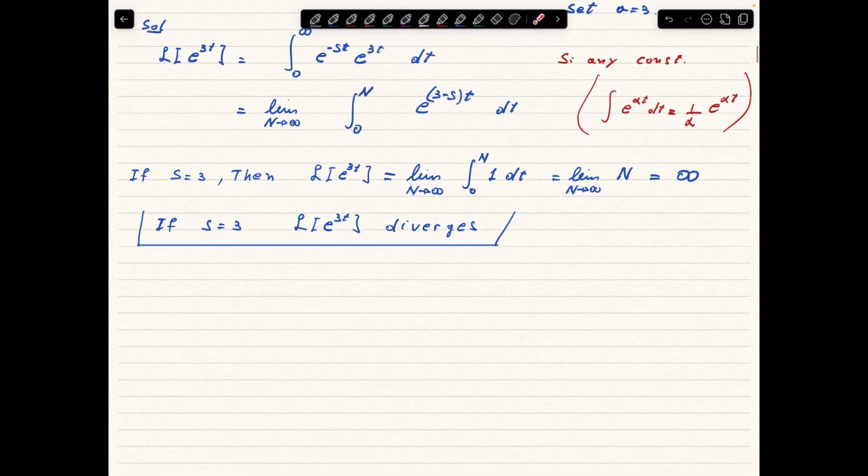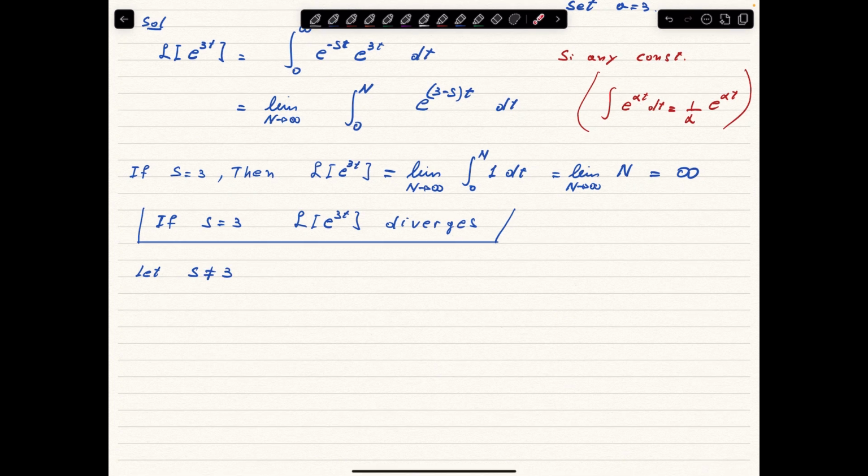Okay, so let's assume now that s is different from 3. Now it's much simpler, because if s is different from 3, then we can actually use this formula to compute the integral, because this quantity here is different from 0.